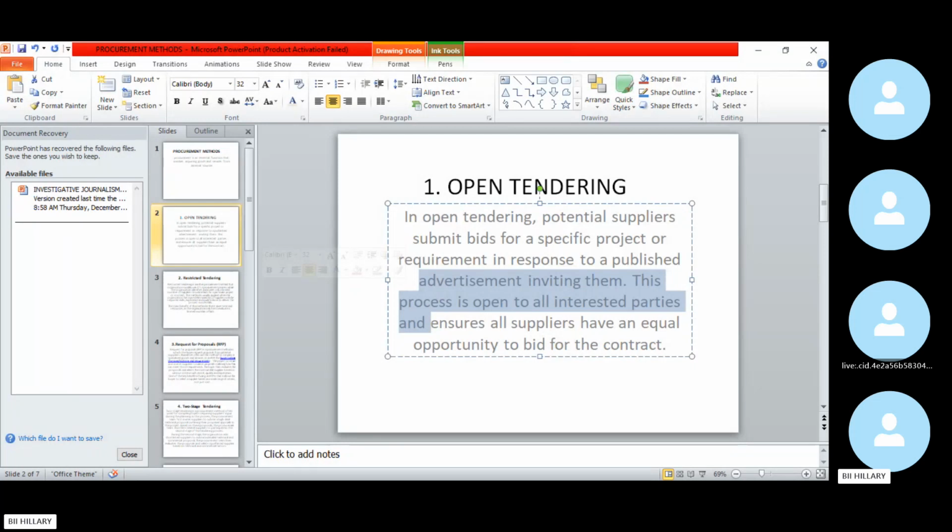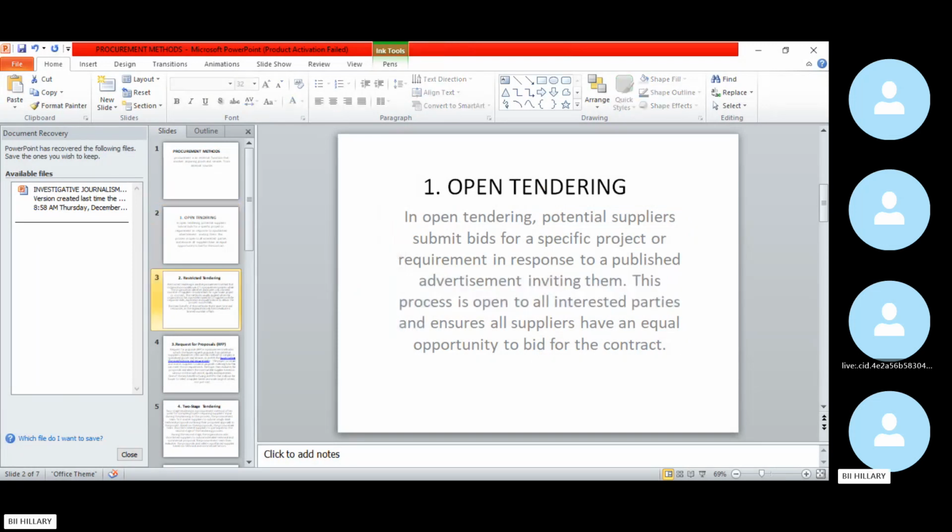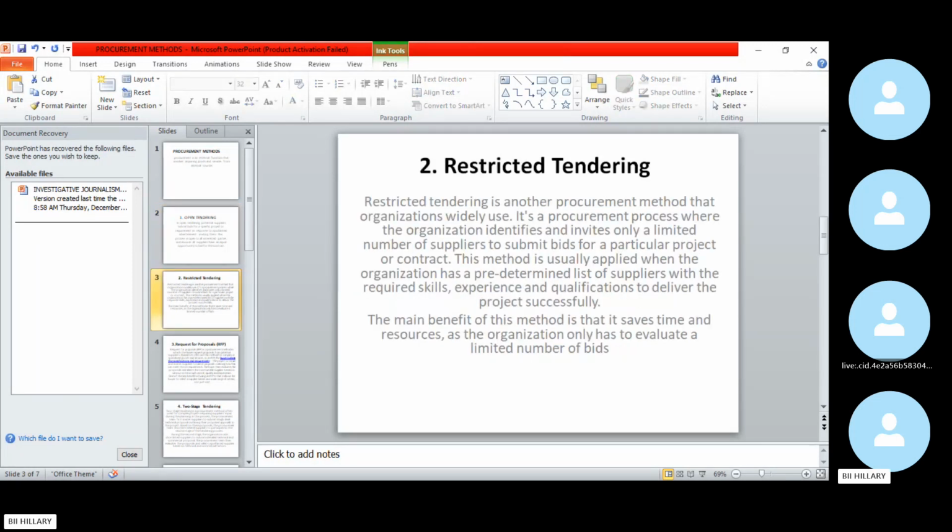Another method is restricted tendering. And restricted tendering, unlike open tendering, this method is widely used in organizations. It is a process where the organization identifies and invites only a limited number of bids.